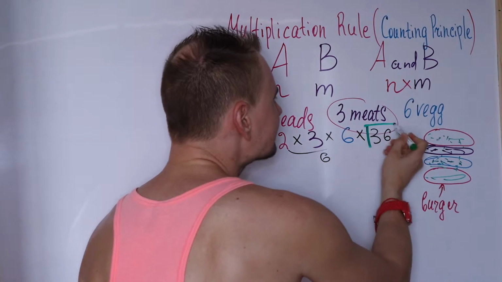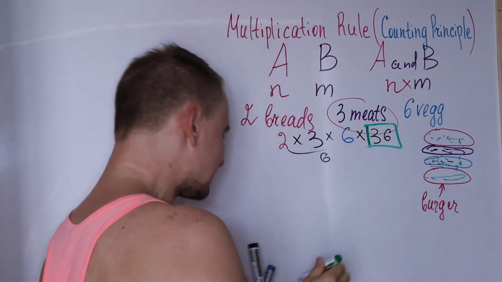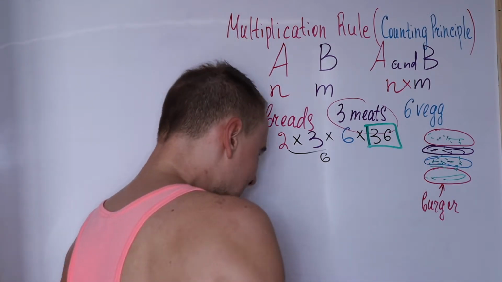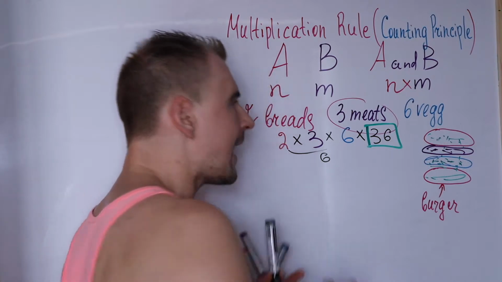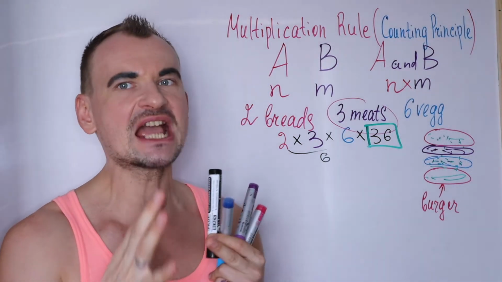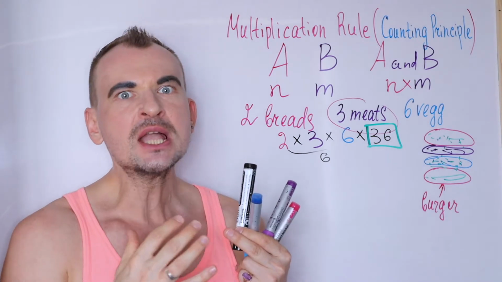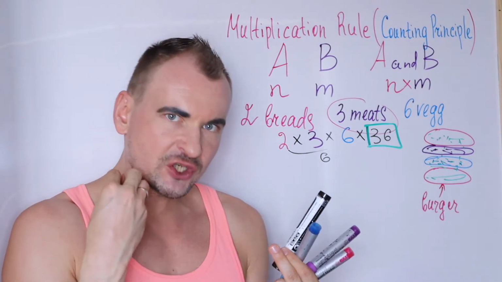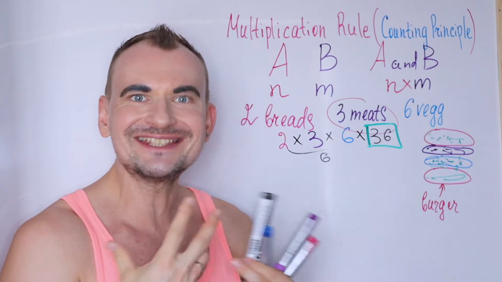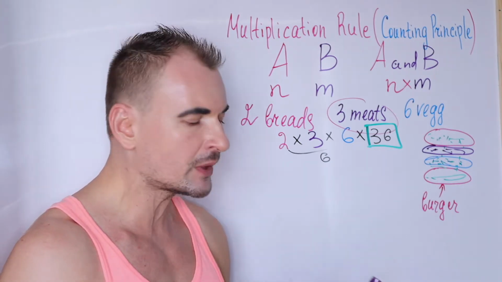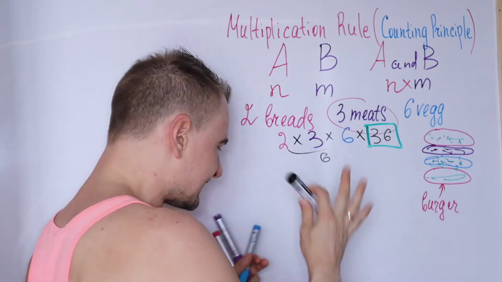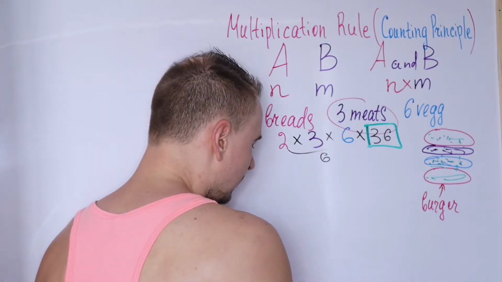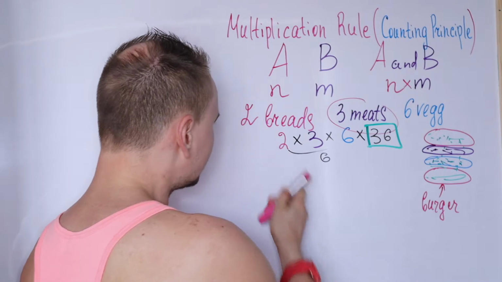Now, sometimes when it comes to this multiplication rule, some people draw a tree diagram that gives you this visualization, the geometrical interpretation, if you will. All you need to do is start with the first one.